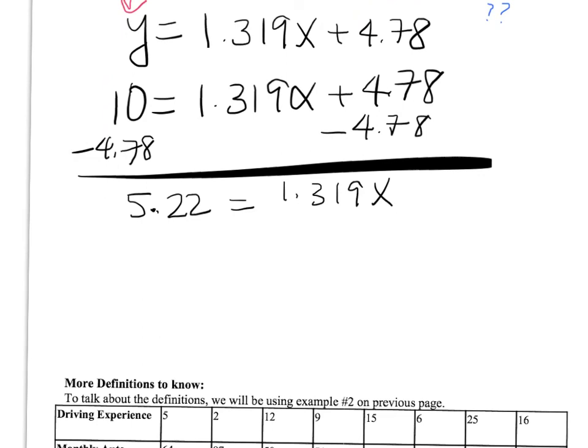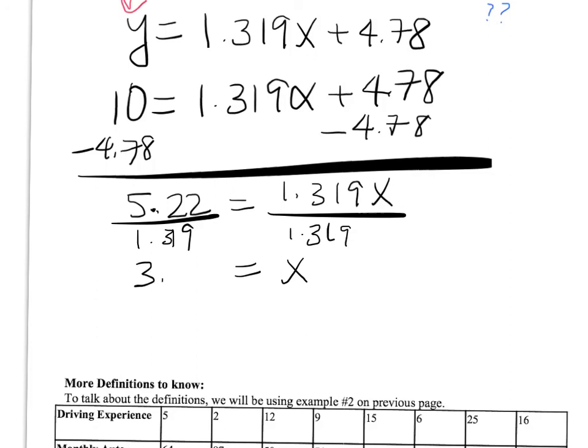And we get, divide both sides by 1.319. We get that x is equal to 3.95.